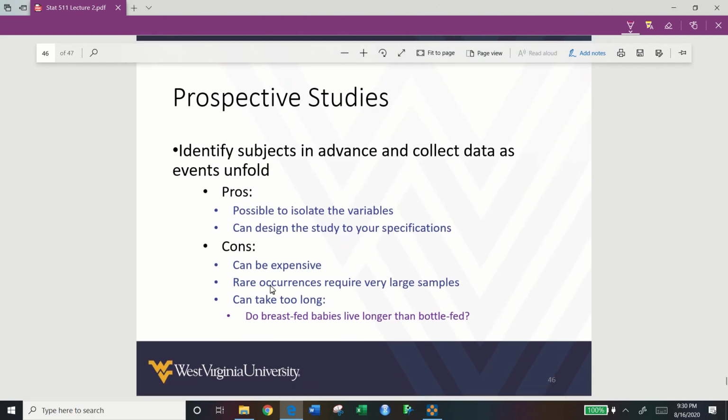The other possibility is the prospective study. In this case, we would identify subjects in advance and then try to collect data as events unfold. There are some pros to this. It is possible to isolate variables, and then we can design our study to our specifications, so it more mirrors an experimental design.